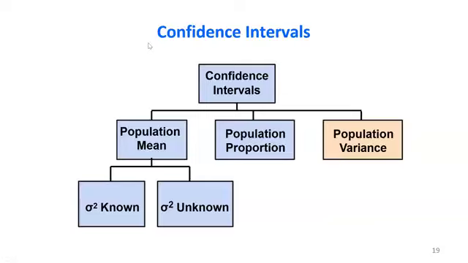Why are we using these distributions? Z distribution or T distribution? Basically, we use them to measure the uncertainty, because those distributions will give us the probability. And the definition of probability is nothing but the measure of uncertainty, right?